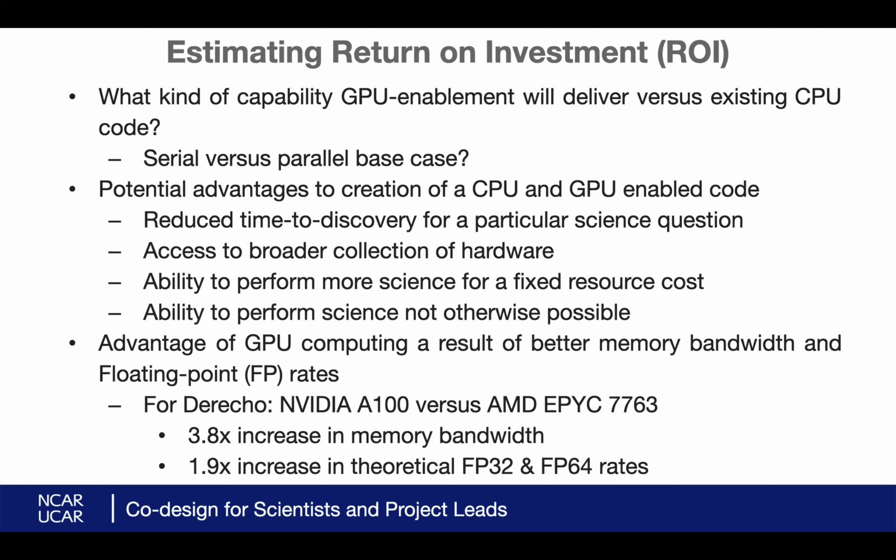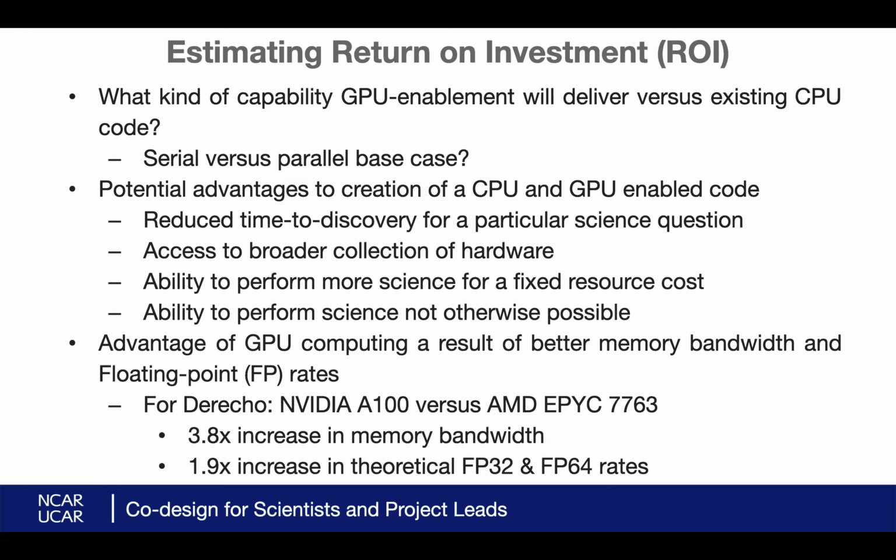The advantage of GPU computing is a result of better memory bandwidth and floating point rates. For Derecho, the system that NCAR will be installing in the early spring or winter, it's an NVIDIA A100 versus an AMD EPYC, the CPU component.